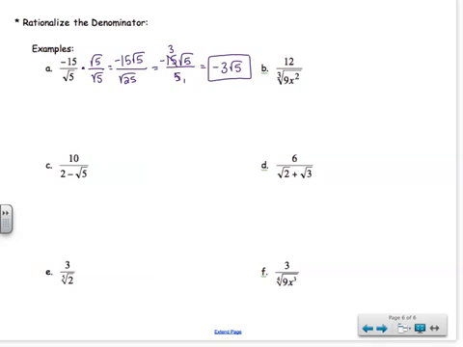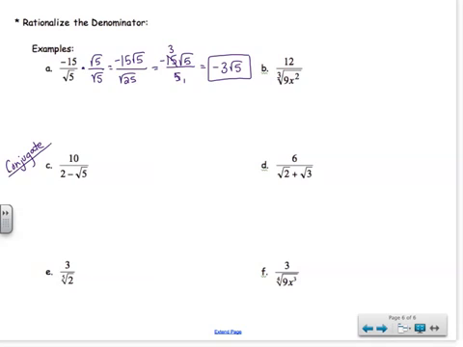Now I'm going to skip next to letters C and D. So in letter C, notice that now our denominator has 2 terms. When there's 2 terms in the denominator, you have to multiply by what's called the conjugate.